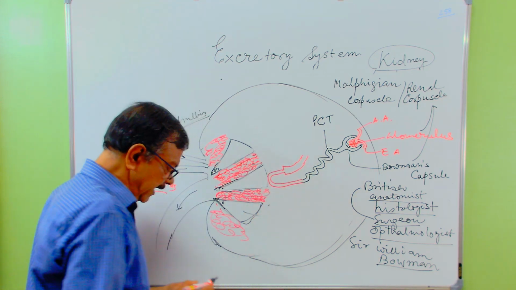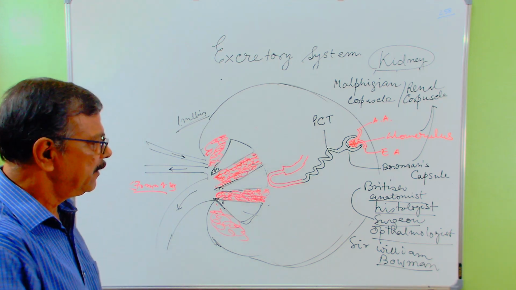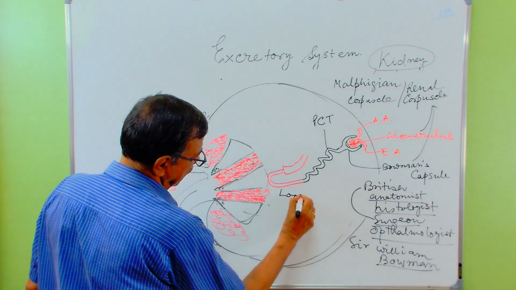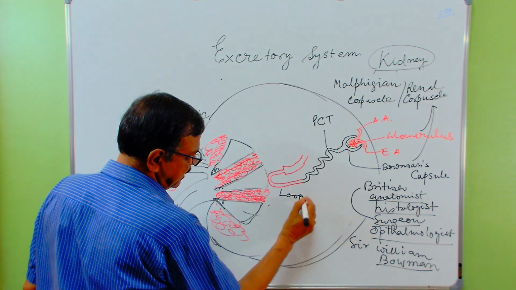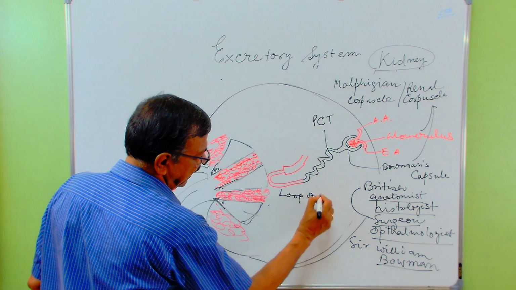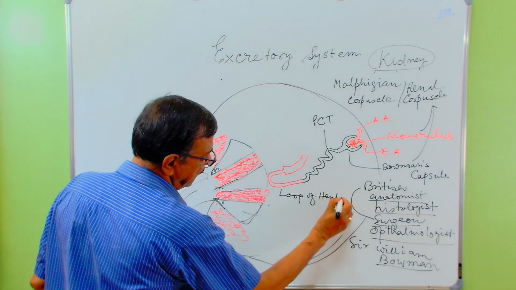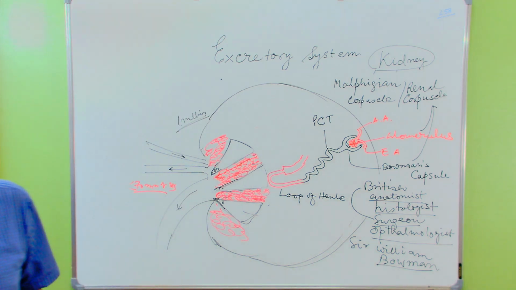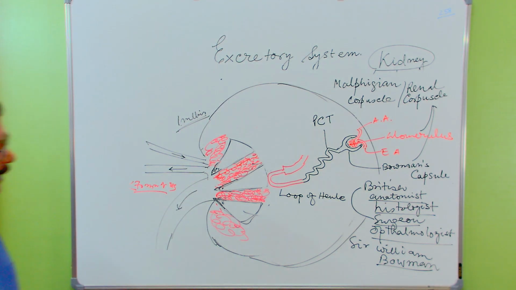This loop is known as the loop of Henle. It is a hairpin-like structure. Who discovered this?